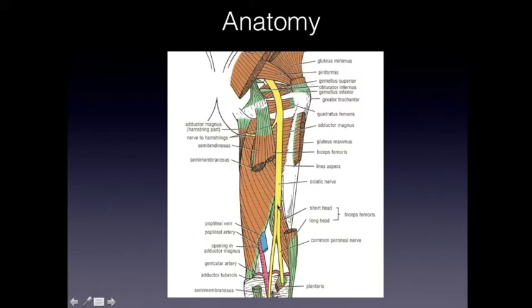This level of branching or division is variable, but in major part of the patients, it occurs around 10 centimeters of the popliteal fossa crest. I mean, this can happen here or here, but normally it happens more distally.